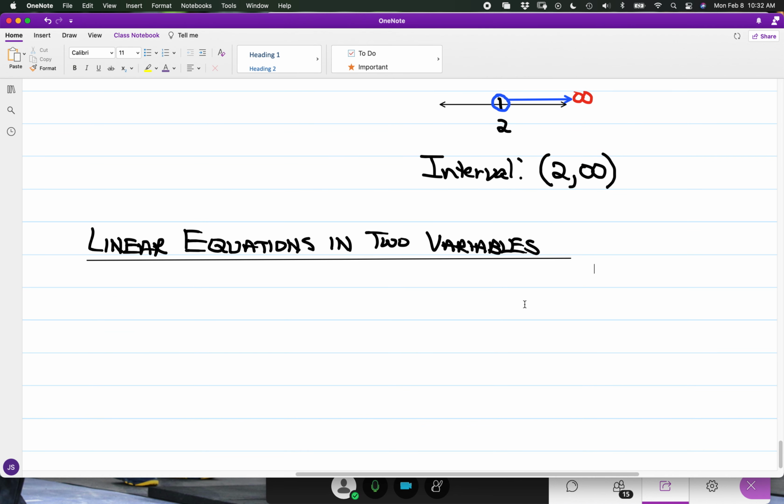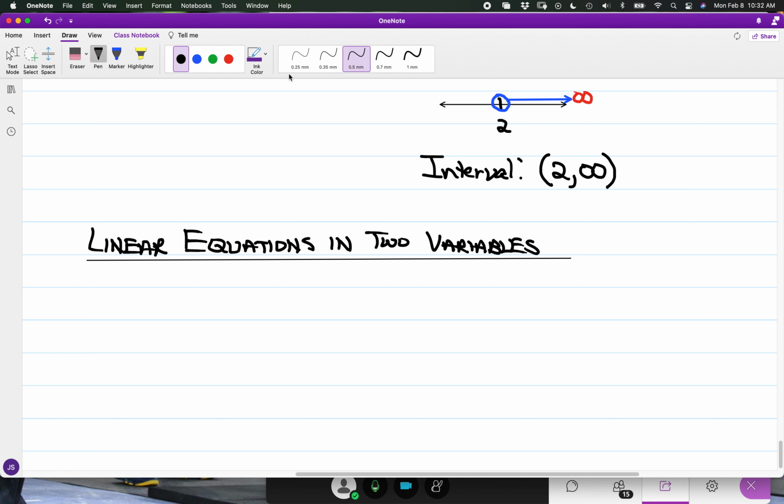First of all, in the development to linear equations in 2 variables, there'll be various formats, and one foundation is going to come from, if it is not provided, the determination of the slope of a line.